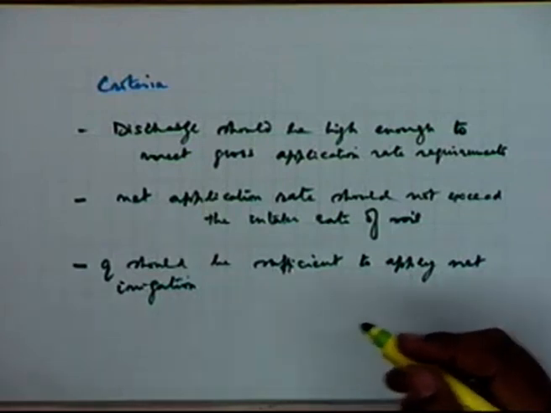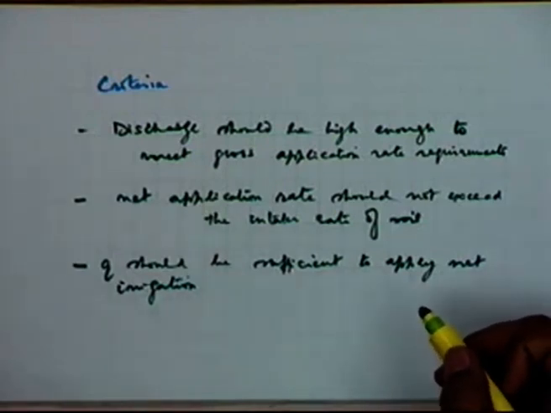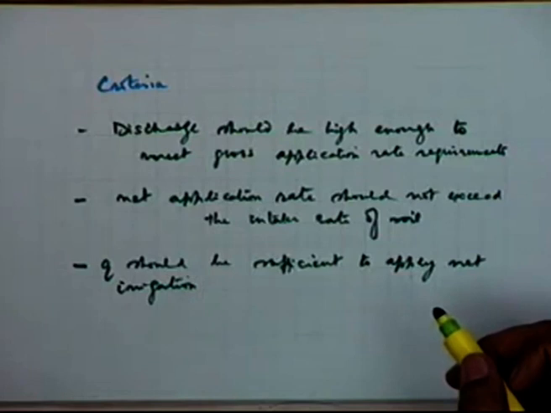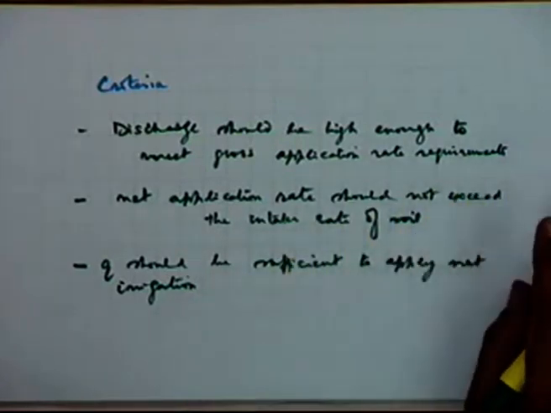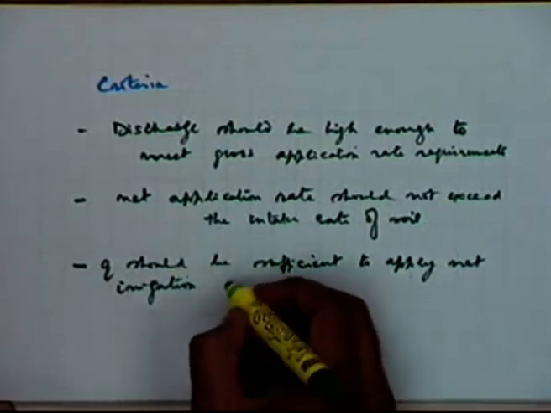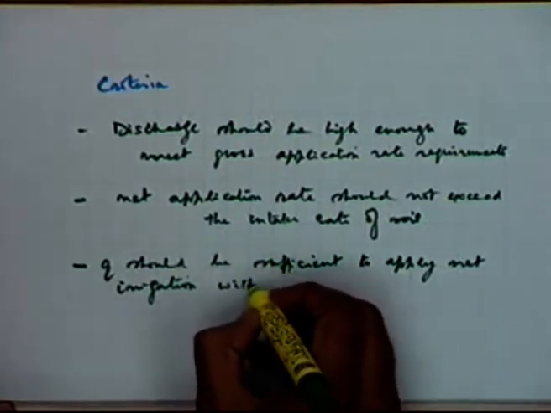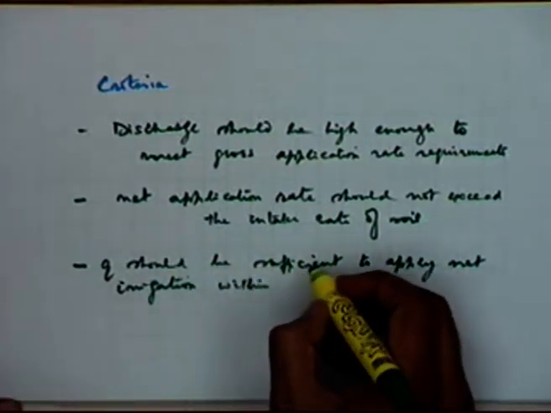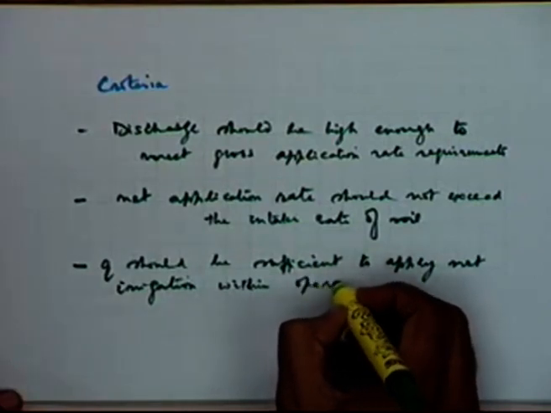Now comes the question of how much time you are taking to make the same application, which is related to your irrigation interval. Q should be sufficient to apply net irrigation within the operating schedule.